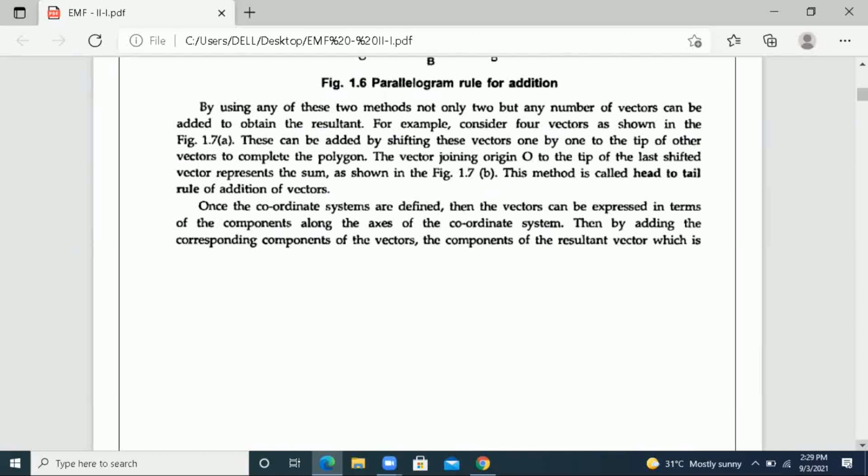That means you can add vector A plus vector B plus vector C plus vector D to give you a resultant vector.